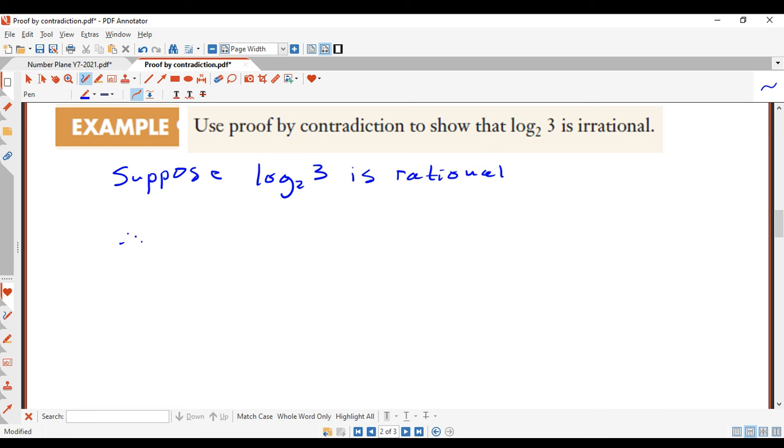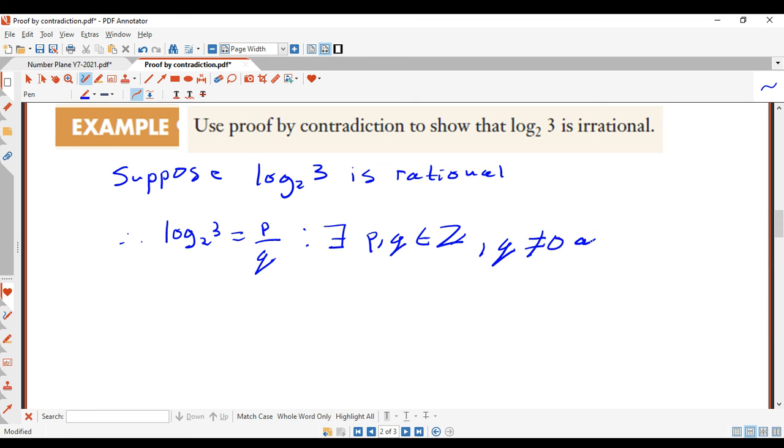Therefore, log of 3 in base 2 is equal to P over Q, such that there exists a P and a Q, which are elements of the integers, Q cannot be equal to 0, and P, Q have no common factors.